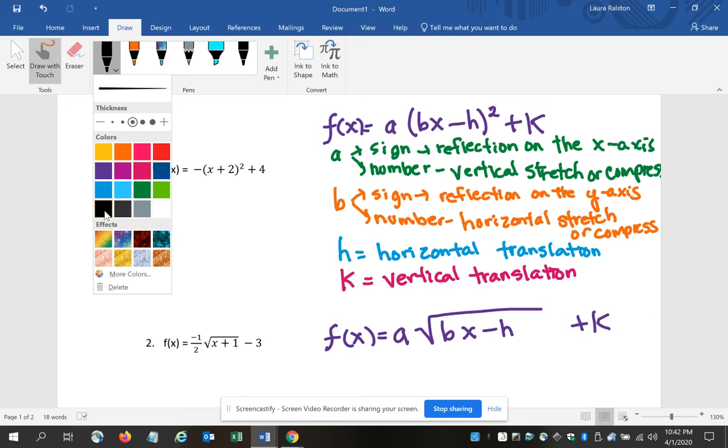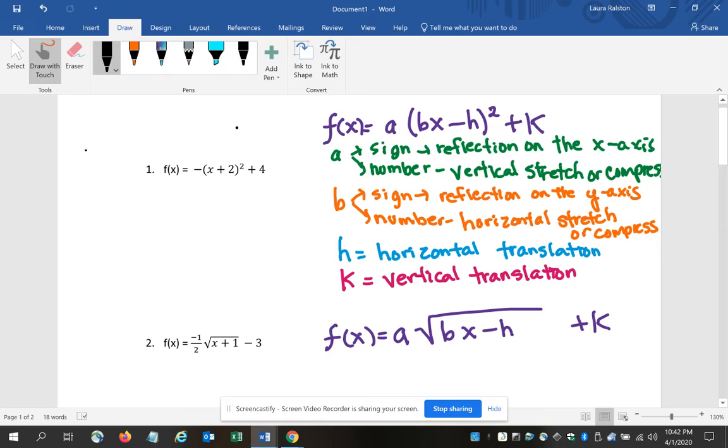When we worked these examples in class, we did it in a table format, and so you may want to use that same table format. We identified the vertical translation, the horizontal translation, whether there was a reflection on x, whether there was a reflection on y, and whether there was a vertical stretch or shrink.